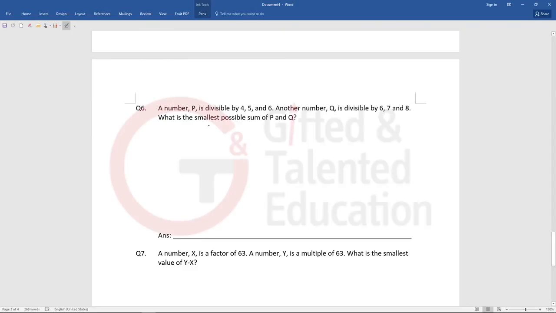Question 6. We are supposed to find the smallest possible sum of P and Q. Because we are supposed to minimize the sum of P and Q, we can try minimizing P and minimizing Q. Because P is divisible by 4, 5, and 6, the smallest possible value of P would be 60.